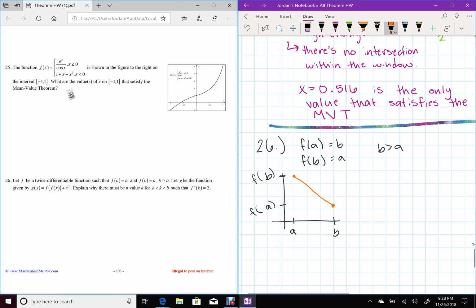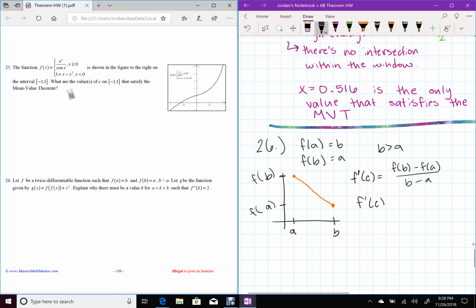Since it tells me it's twice differentiable, it's got to be continuous, meaning I can use mean value theorem. So f prime for some c, using c because that's what the mean value theorem talks about, needs to equal the f of b minus the f of a all over b minus a.